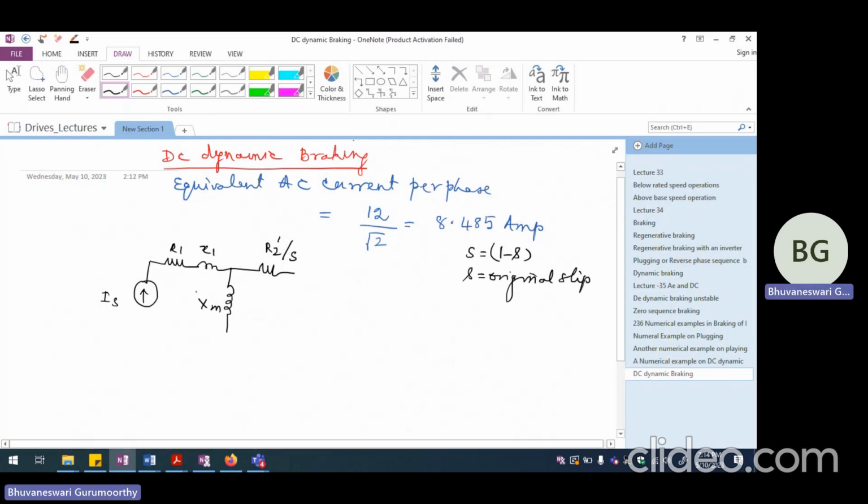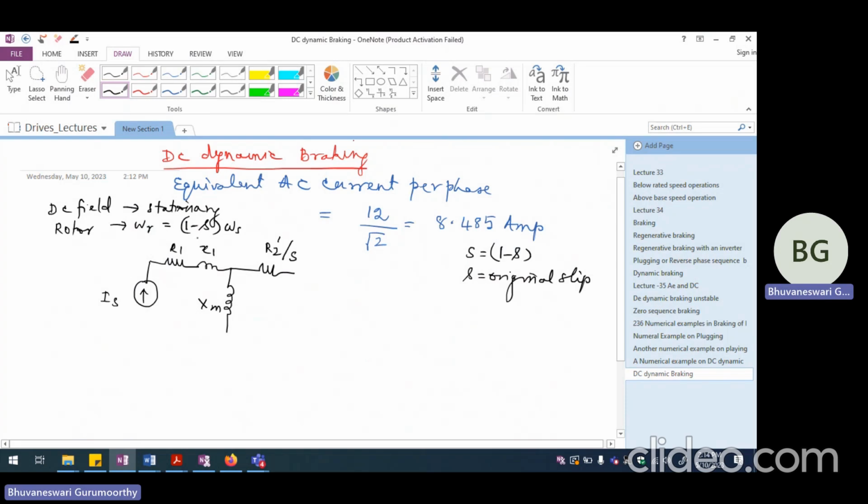That's what we defined, because we said that the DC field is a stationary field, whereas the rotor is rotating at the speed of omega r, which is actually equal to 1 minus s times omega s. But currently, the DC field is stationary.